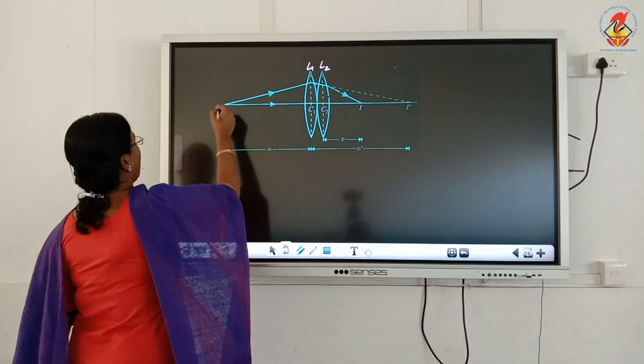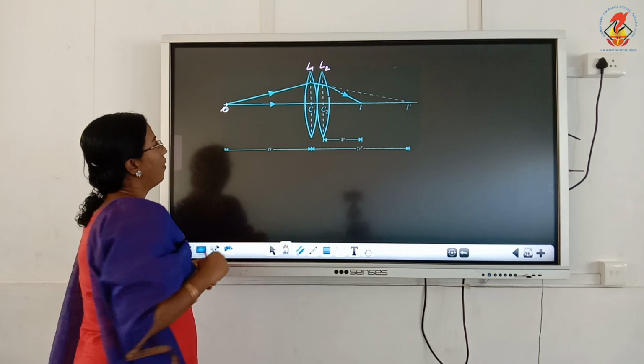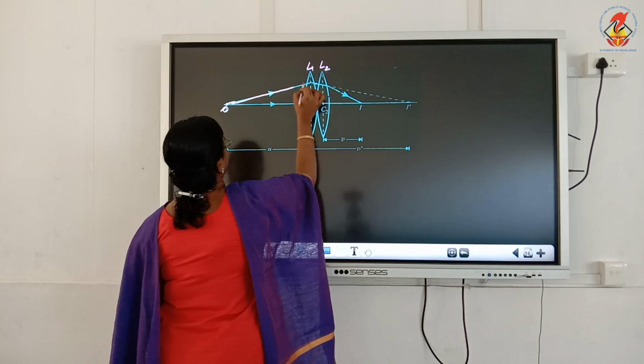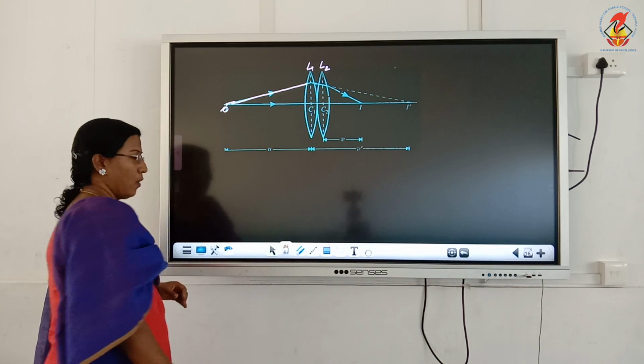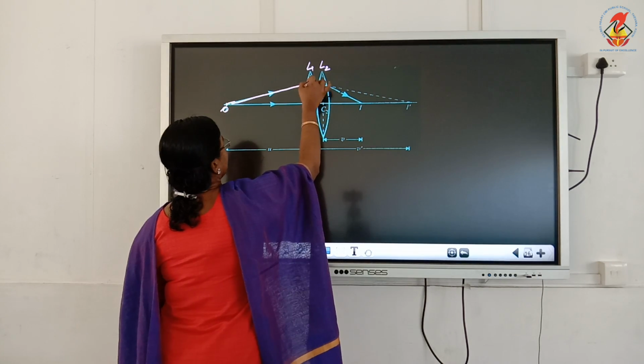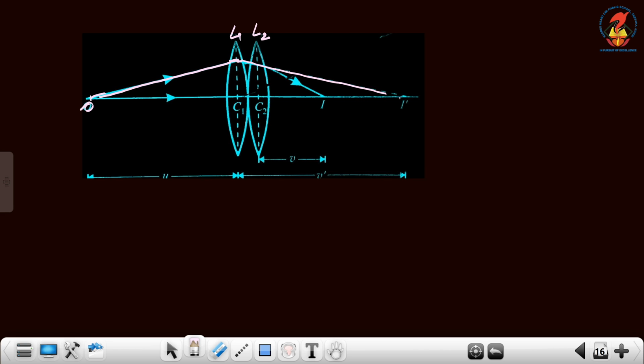Imagine you have an object O placed on the principal axis of the lens, and the light ray from the object is incident on the first refracting surface of lens L1. After refraction the lens forms an image at I1. So the object distance for lens L1 is U, and the image distance for lens L1 is V1. Now we have the second lens placed in contact with the first lens, isn't it?